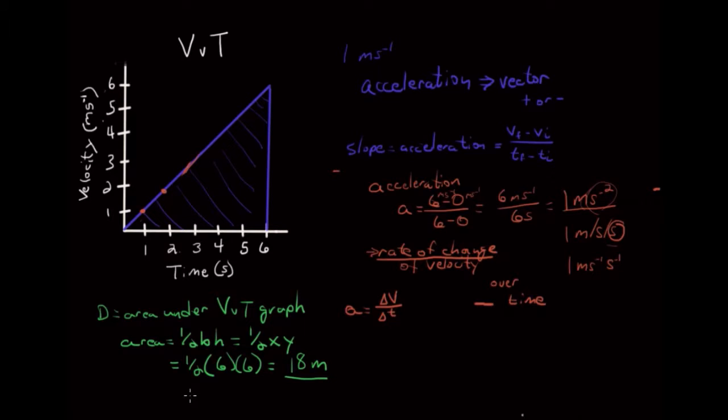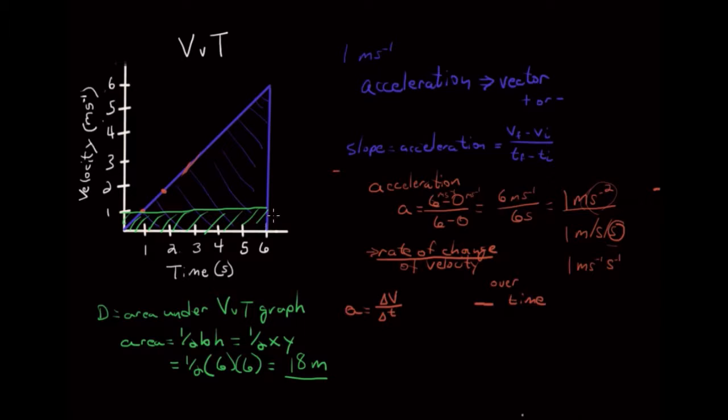Okay, now let's go back to our earlier one where we were going a steady 1 meter per second for 6 seconds. And look at this. Now at the end of that, if you remember, we went 6 meters.